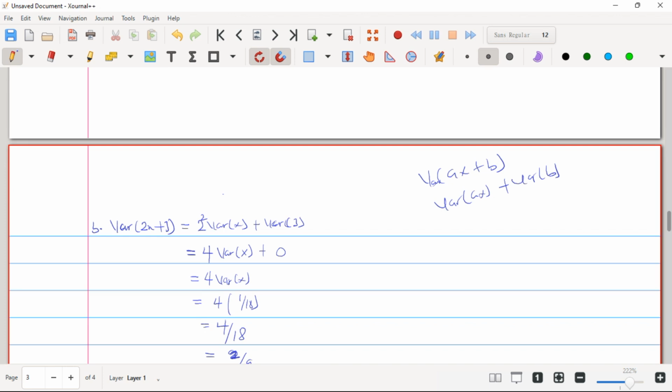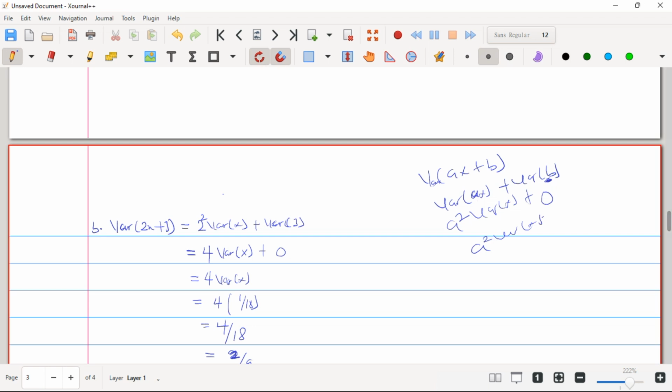If you want the a to move out of the variance, it will just be a squared, right? Once the a moves out of the variance, it comes out squared, times the variance of X plus, if our b here is a constant, the variance of a constant is 0. So here you get a squared times the variance of X, right?